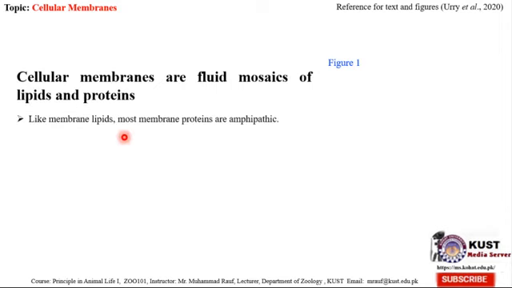Like membrane lipids, most membrane proteins are amphipathic. The proteins which are embedded in the plasma membrane also exhibit that characteristic, where one portion which is facing towards the aqueous environment is hydrophilic in nature, whereas the portion which is present between the phospholipid tails is hydrophobic, just like the phospholipid tails.